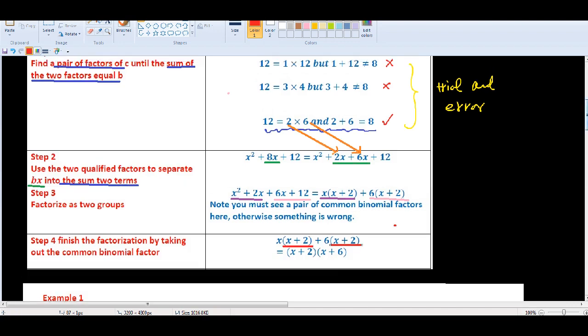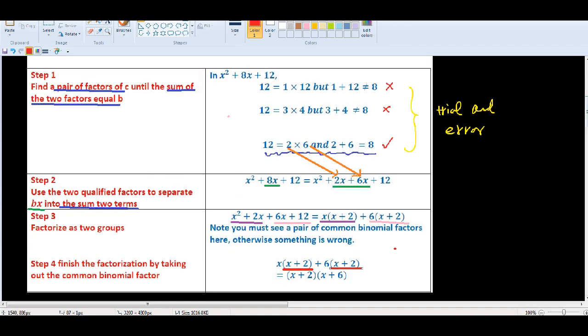So you see it's not that easy. It's a complex procedure, right? Let me show you again what we have done. First you look at the last number, which is 12. Then you need to find two factors whose product is 12: 1 times 12, 3 times 4, 2 times 6. These are some of the combinations.